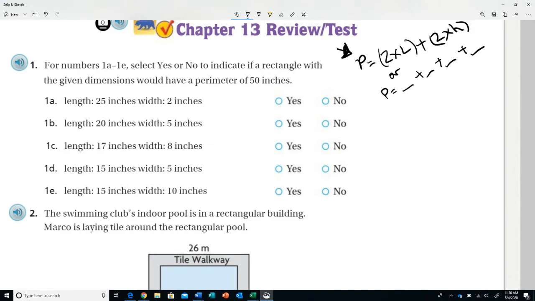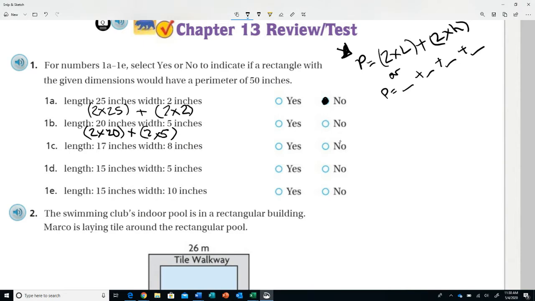I think personally the formula works better here because you can say 2 times 25 plus 2 times 2. And I'd get 50 plus 4, and that would be too much. So in question number 1, the answer is no. Now part B says 2 times 20 plus 2 times 5.